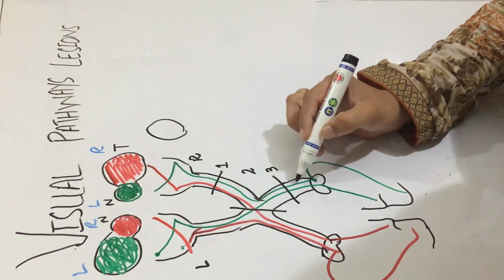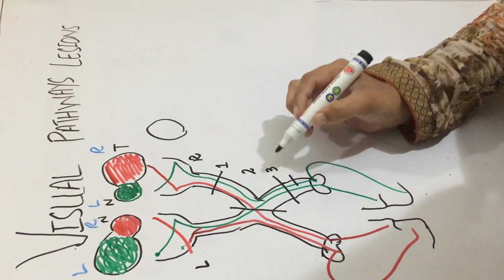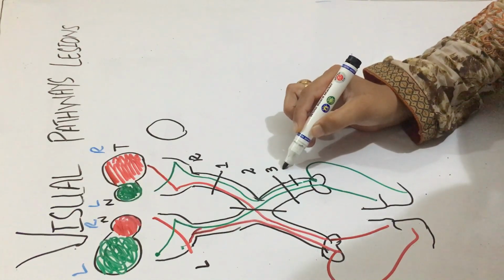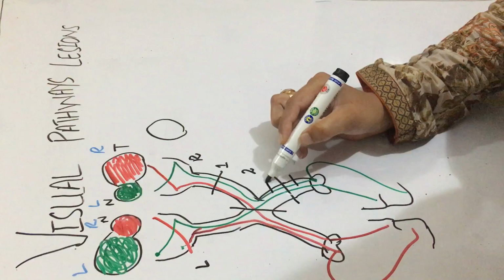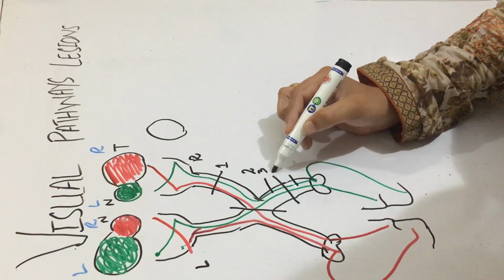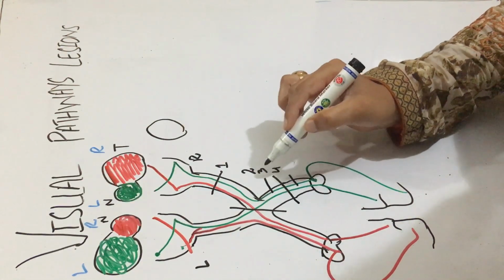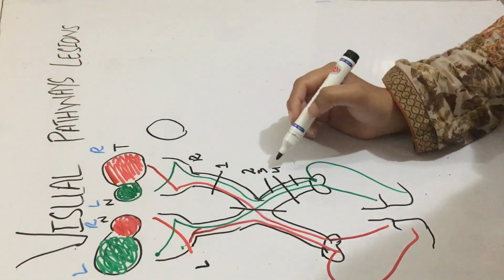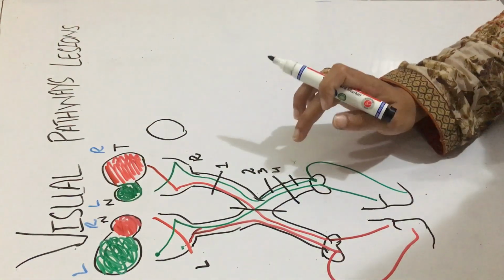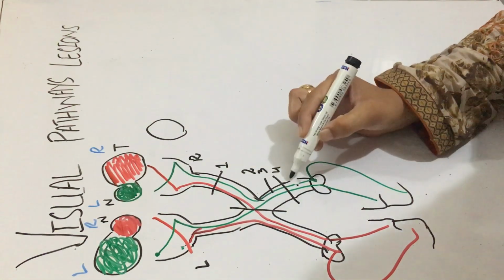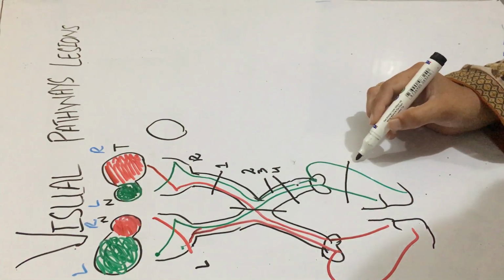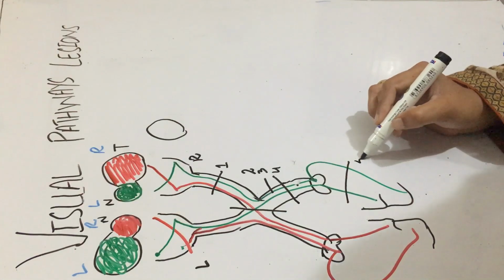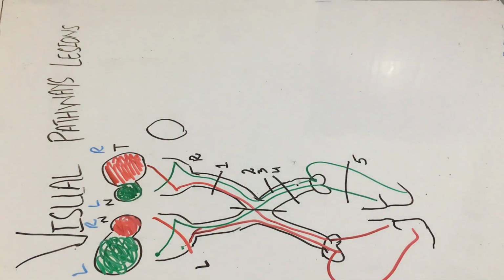If only the lateral fibers are cut down, then it would be 3, and if the whole tract is cut down, then it would be 4. And here I will draw 5 if there is a lesion at the level of the optic radiations.